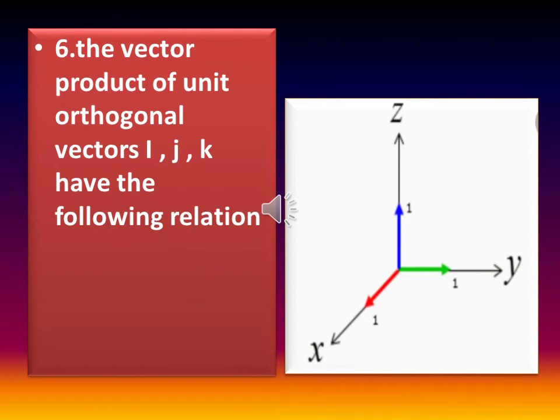Property number 6. The vector product of unit orthogonal vectors i, j, k have the following relation. Let i be the unit vector along the x-axis, j be the unit vector along the y-axis, and k be the unit vector along the z-axis.